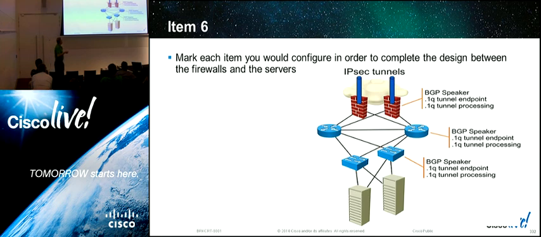So what is the firewall going to do? Is it going to be a BGP speaker, is it going to be a .1Q endpoint, or is it going to do .1Q switching? And then the same for each of these. So what's the firewall's role in this? Which of the three?